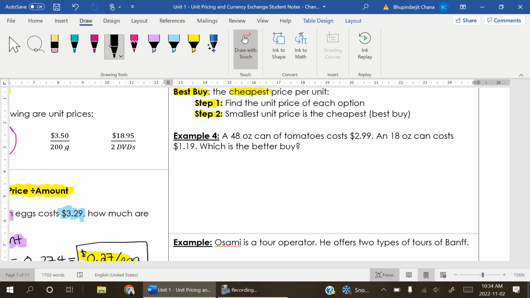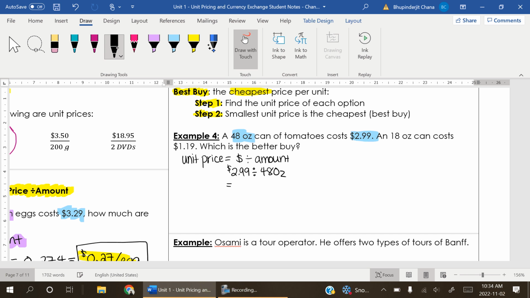So unit price is equal to the money amount divided by the amount. It's going to be $2.99 for 48 ounces. So $2.99 divided by 48 ounces.